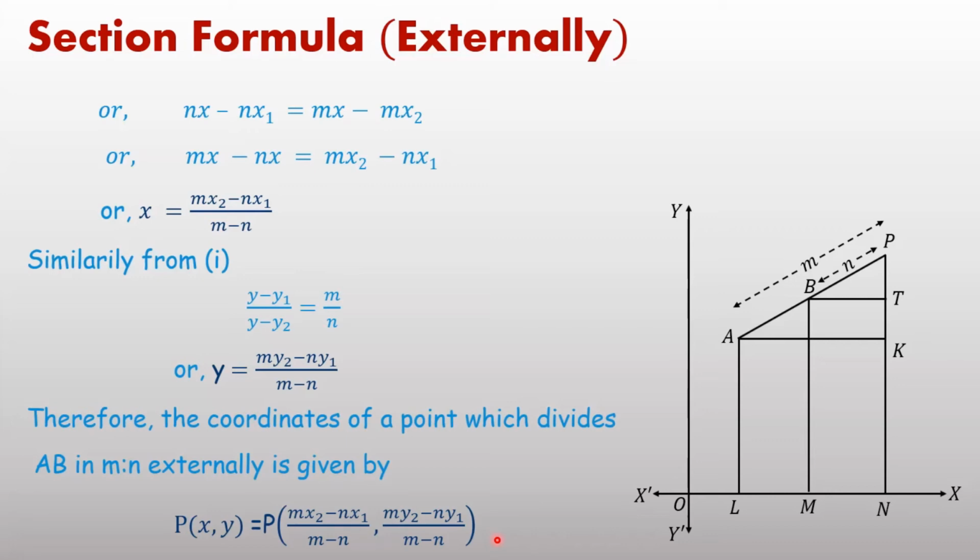It is known as the external division formula. The point P lies on line AB when produced, meaning outside of AB. In the formula you can easily observe only one change: in the case of internal division there was a plus sign, in external division a minus sign.